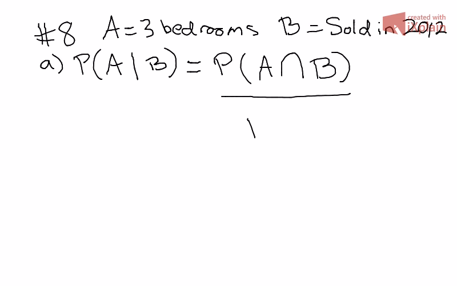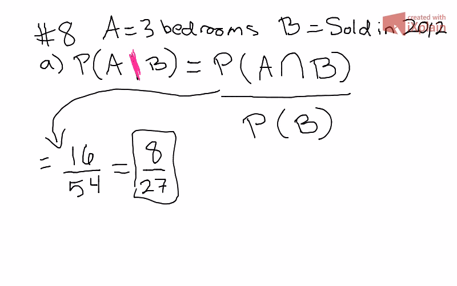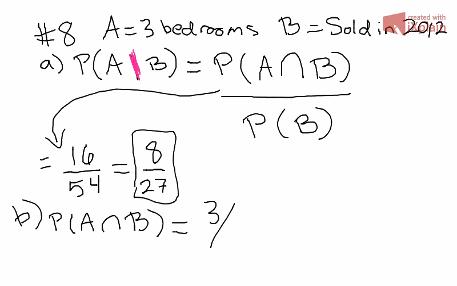And so this is just notation that I'm writing down here, and this is the probability of A, which is the event that it has 3 bedrooms, and then this bar here is given that it was sold in 2012, given B. And the equation for that is you want to look at the intersection of the 2, that 3 bedrooms sold in 2012 and there were 16 of those, and then the probability of B happening, which is that it was sold in 2012, is 54.